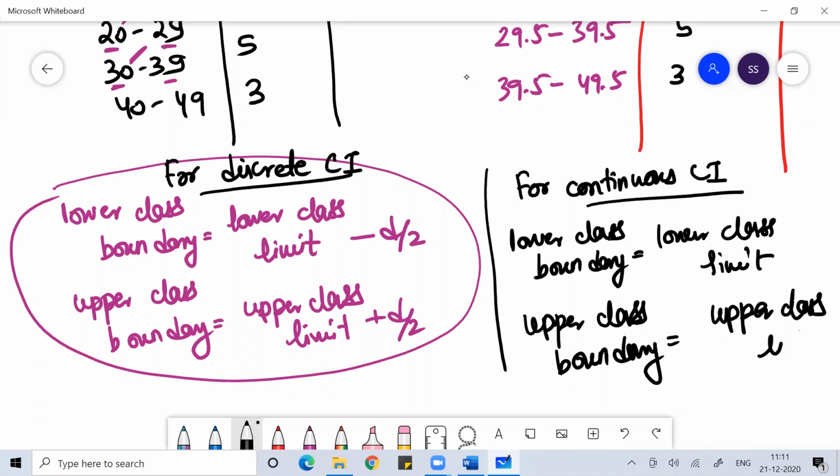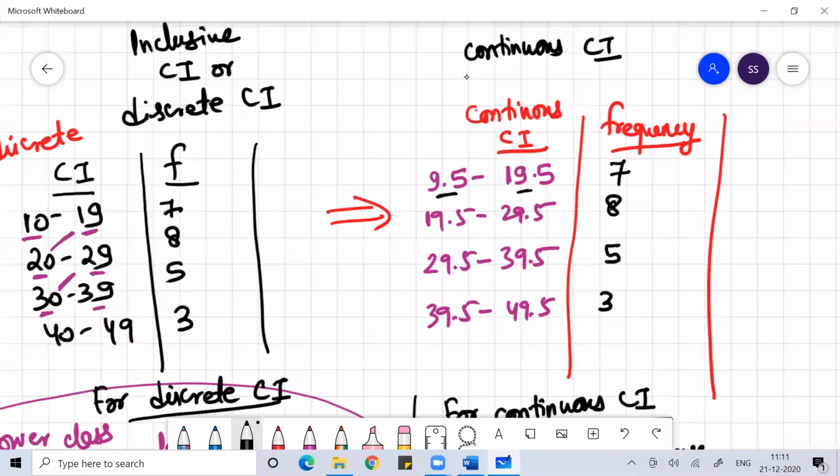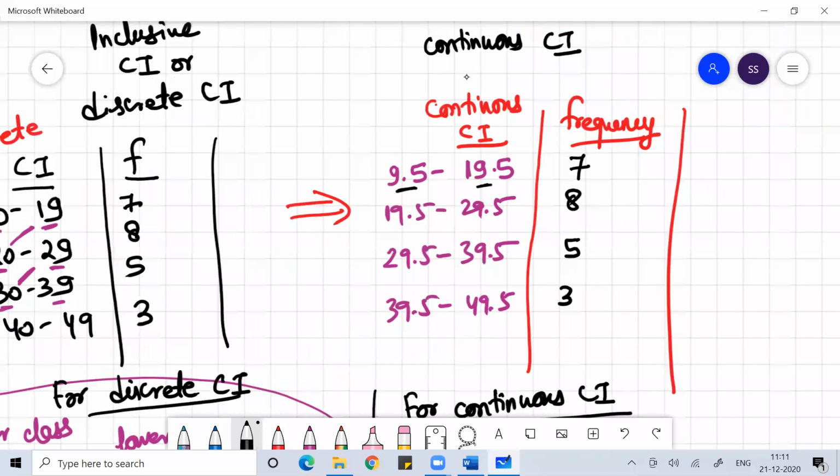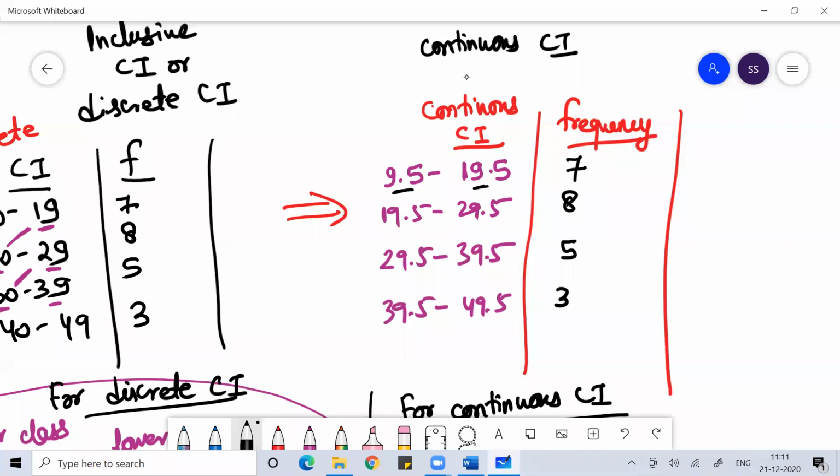So remember this part: for the continuous class interval, your lower class boundary is equal to lower class limit, and your upper class boundary is equal to upper class limit. You have to understand this part. I hope everyone understands this.